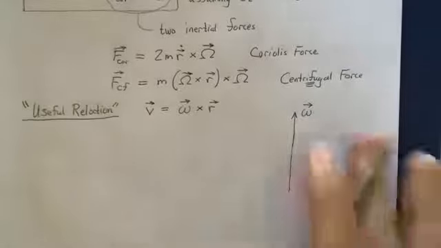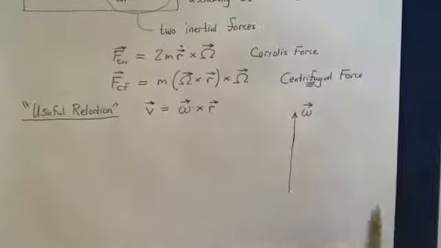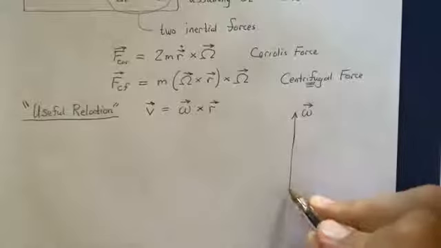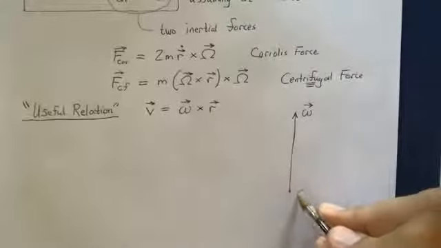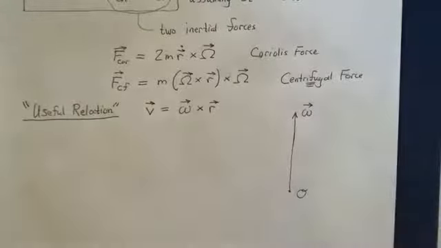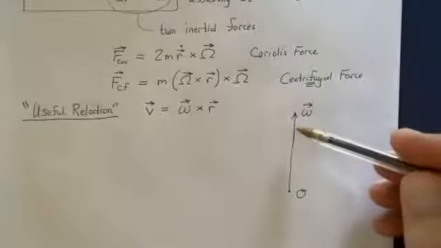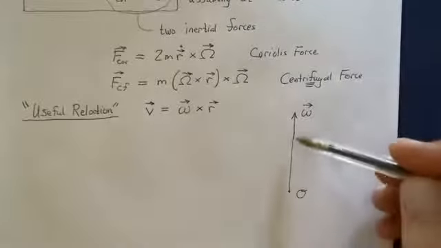For any point in the block of styrofoam, here's an origin. There's the origin. That is a point in the block of styrofoam that's motionless, and it remains motionless. The same is true for all of the points on this axis.